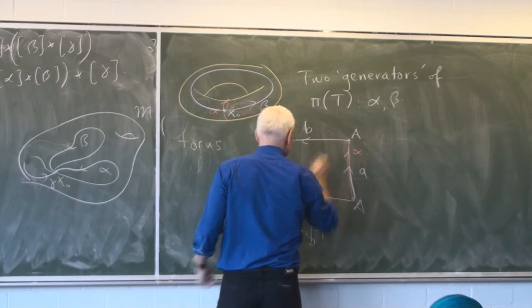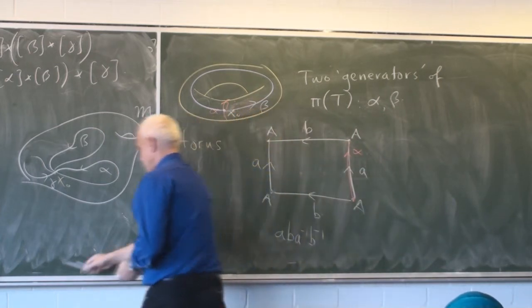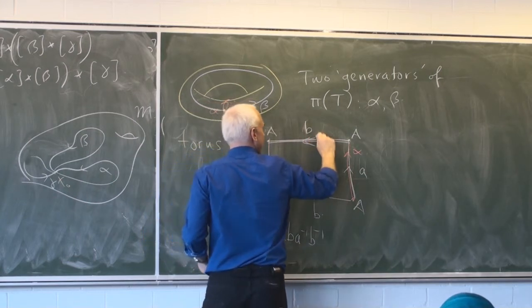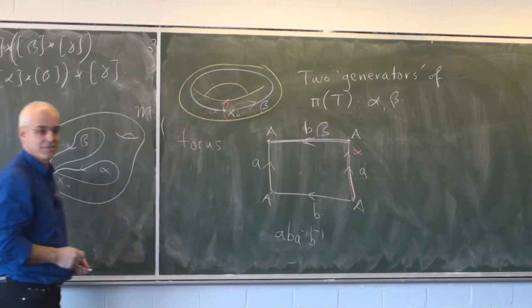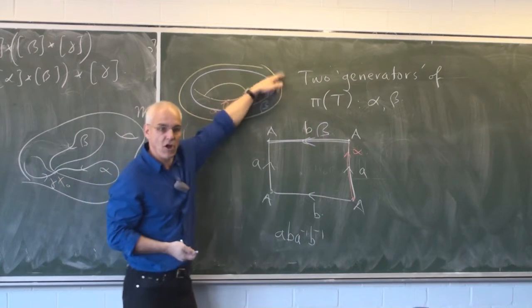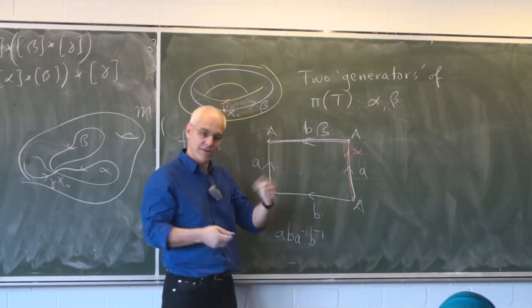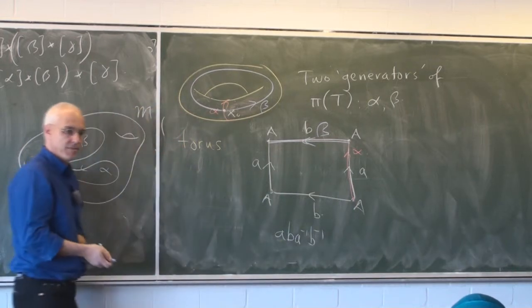And the path beta, draw it like that. There's beta. Because it goes along the edge that we've called B. And it also goes from A to A. It's a closed path.